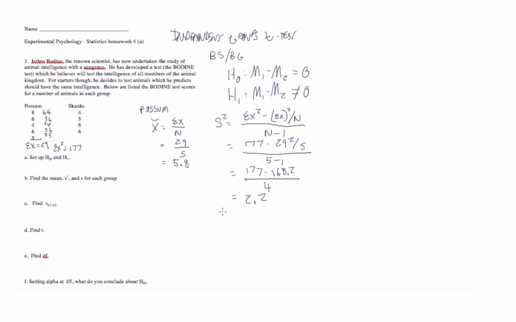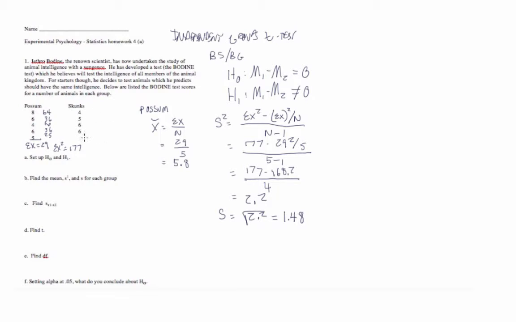And then for our standard deviation, it's just the root of that. 2.2 under a root sign is equal to 1.48. So that's our mean, variance, and standard deviation for the possum group.